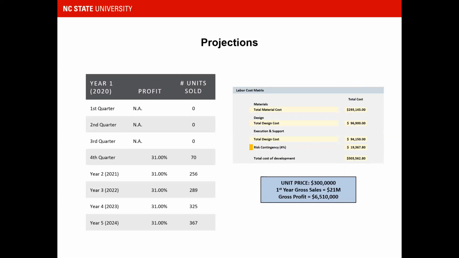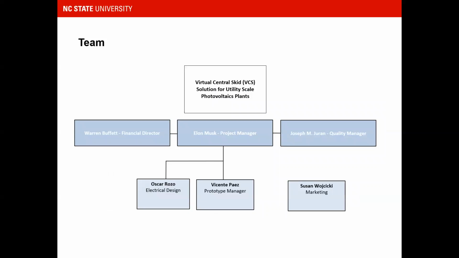The price for each unit is $300,000. We are trying to achieve 7 cents per watt for each unit. That is very good for the current market. So in general, for the first year, we are trying to achieve 21 million in gross sales and gross profit of about $6 million.